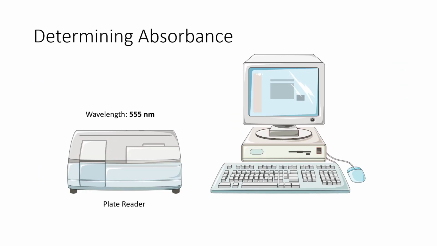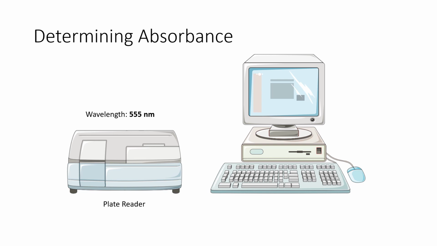Next, we are ready to measure the absorbances of our samples, and so to do that, we typically use an instrument known as a spectrophotometer, or also another instrument is known as a microplate reader. And so we place our micro well plate into a microplate reader, such as what is shown on this slide. And then this instrument allows us to specify the wavelength in the nanometer range.